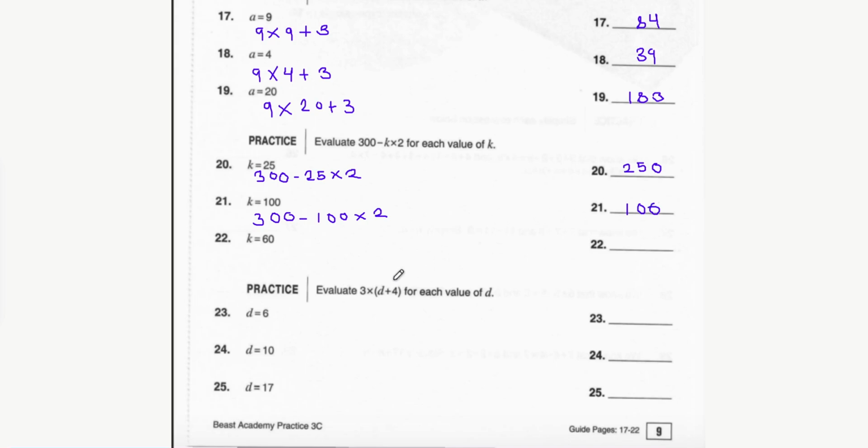When k equals 60, the expression 300 minus k times 2 is equal to 300 minus 60 times 2. This will be equal to 300 minus 120, which is 180.